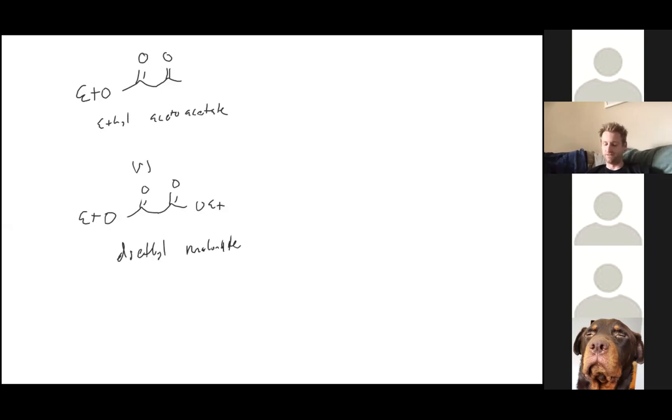The real difference is in our last step, where we could hypothetically have decarboxylated either of these two esters. We're only really going to be able to decarboxylate this one. So it's going to simplify our process a little bit.